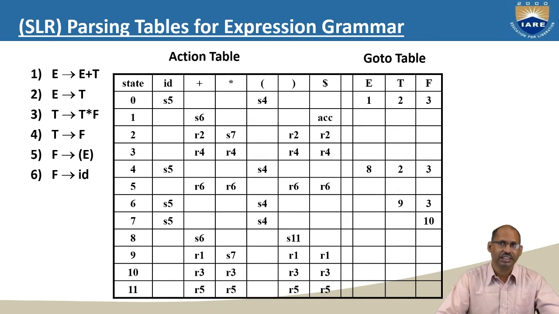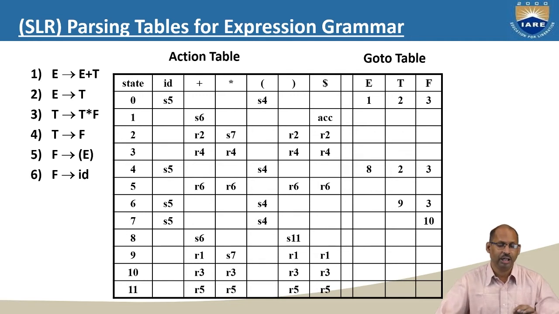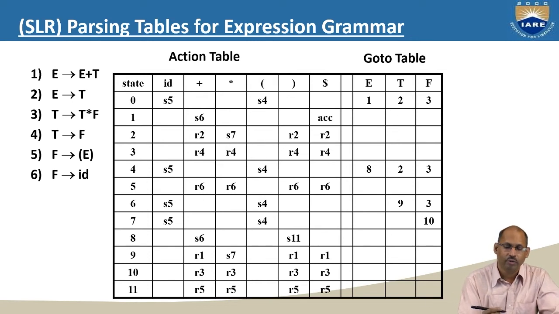Here, first we'll discuss what the SLR parsing method is. Later, in the next class, we'll discuss the construction of the SLR parsing table. Now, here the productions 1 to 6 of the grammar are given.